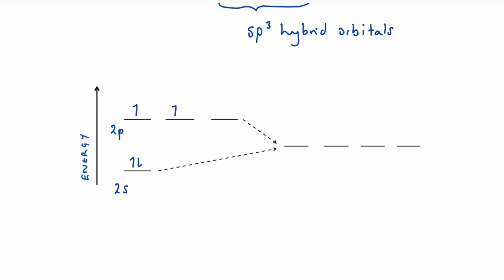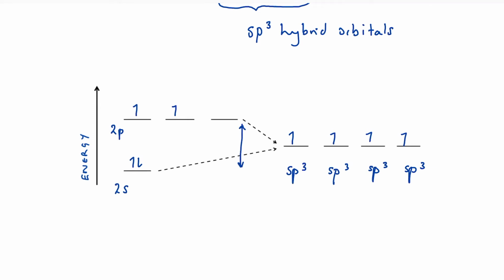If we mix the s orbital and the three p orbitals, I end up with four sp3 orbitals. They are all identical. They're all degenerate, so they're of the same energy as each other, and that energy is somewhere between the energy of the 2s and the 2p. The total amount of energy remains the same, and carbon places one electron in each of these hybrid orbitals.